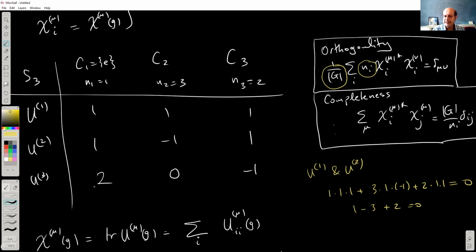And in some cases, we try to find some unknown entries in the character table by using these orthogonality relationships. It turns out that even for complicated groups, this is quite helpful. So without actually finding the representations themselves, you can construct the character table. That's quite interesting, actually.